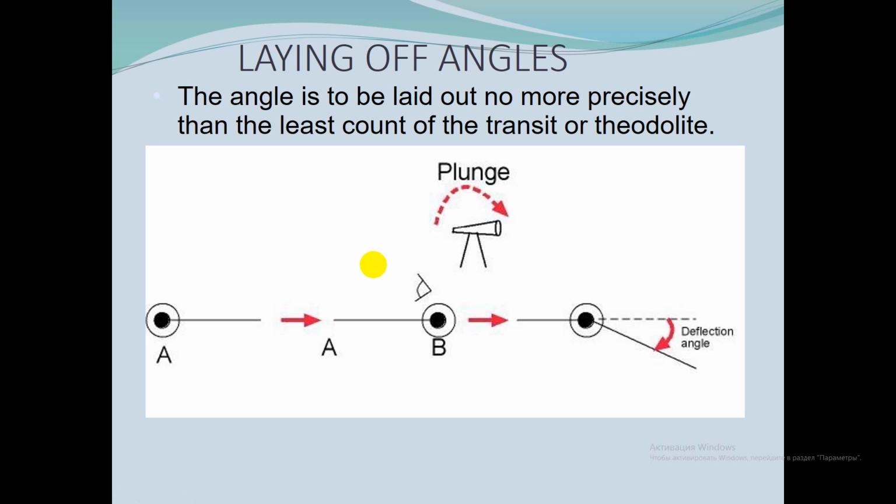Assume that you must complete a route survey where a deflection angle has been determined from aerial photos to position the center line clear of natural obstruction.